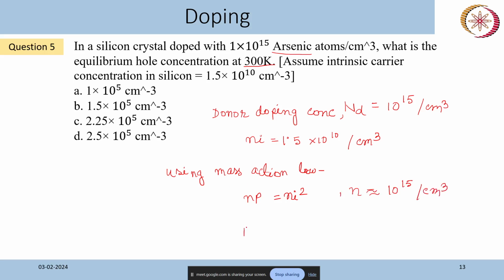So p will be 2.25 into 10 to the power 20 divided by 10 to the power 15. So it is 2.25 into 10 to the power 5 per centimeter cube. So the answer is C.